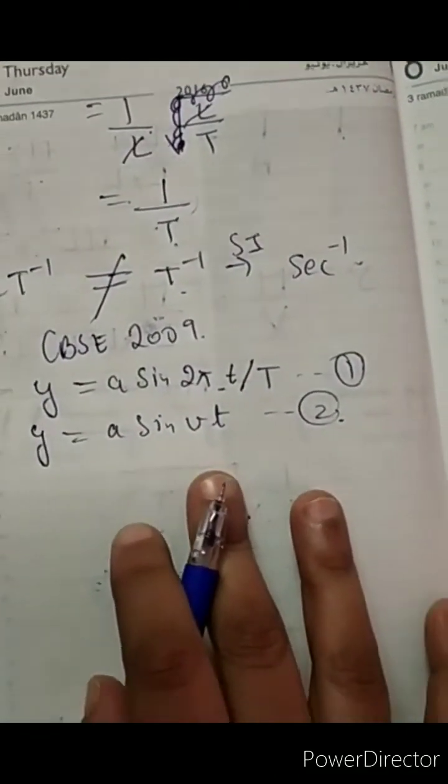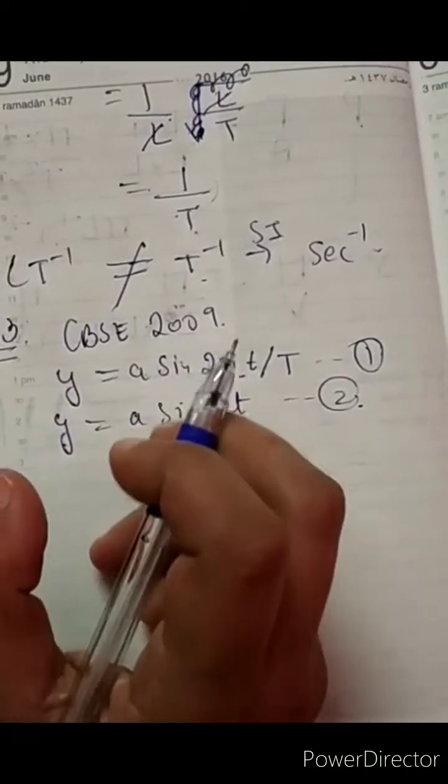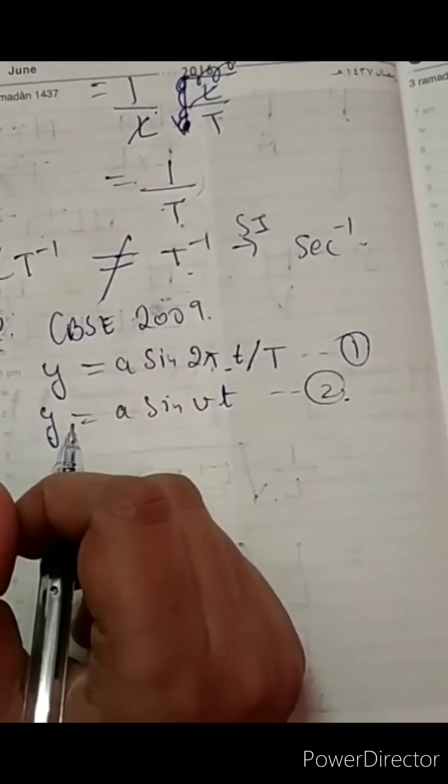They asked for the displacement y, given that the particle is going under periodic motion. Rule out the wrong formula on the basis of dimensions.